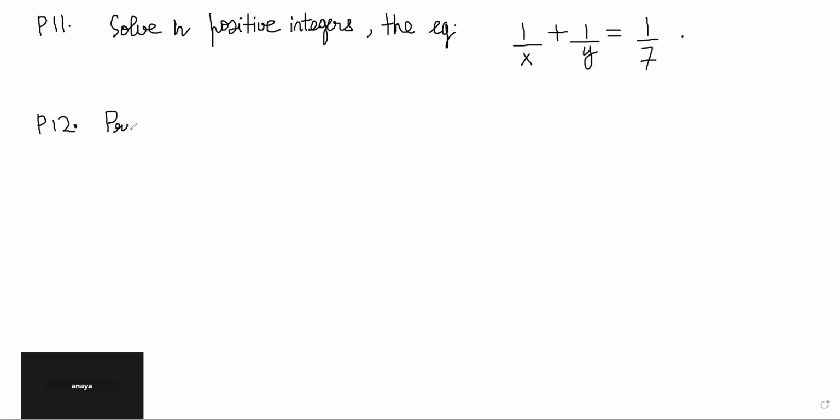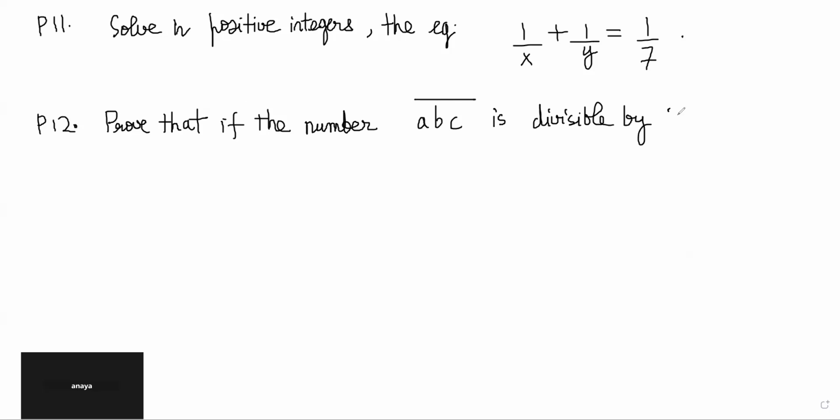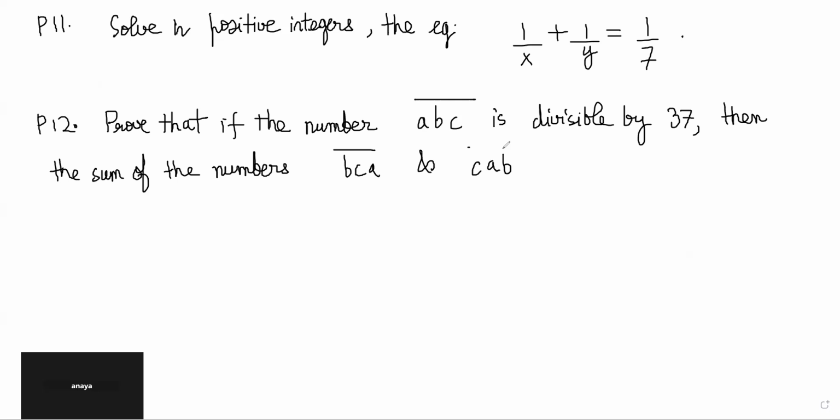Then problem 12 is prove that if the number ABC is divisible by 37, then the sum of the numbers BCA and CAB is also divisible by 37.